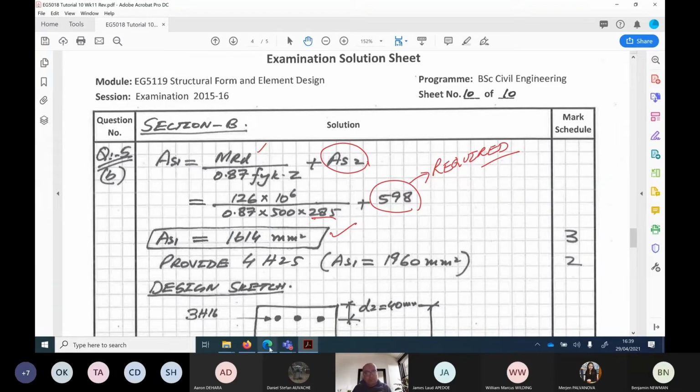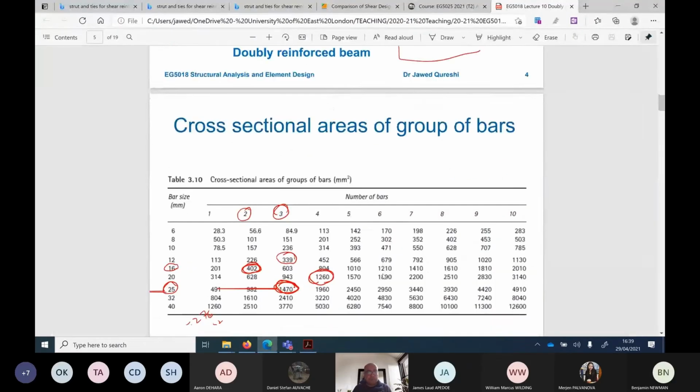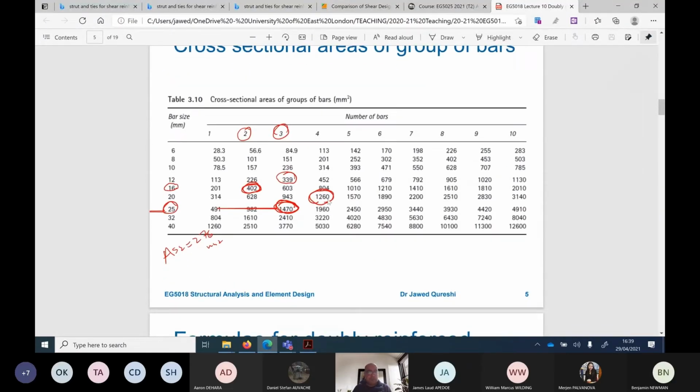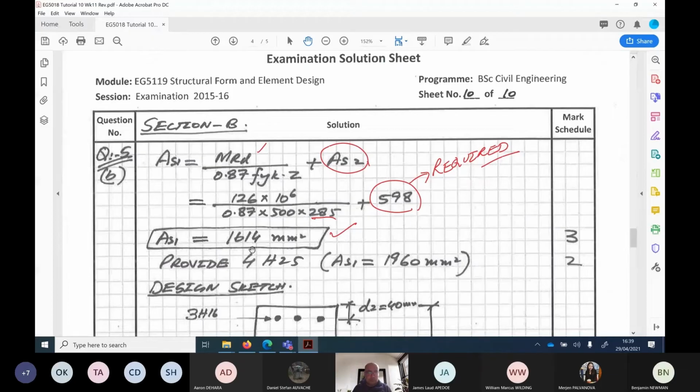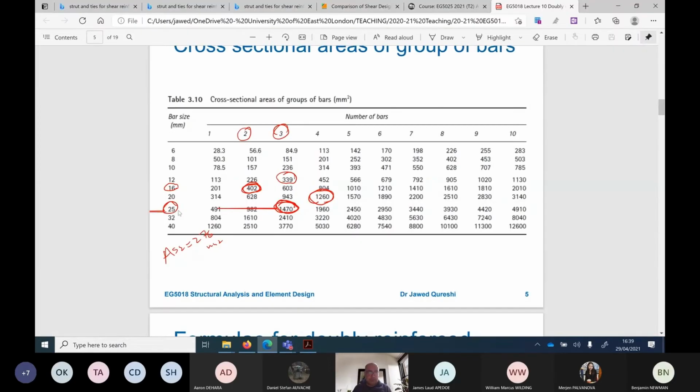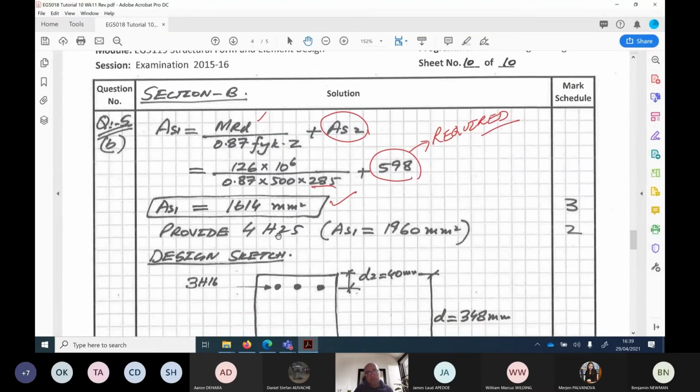Again, I would go back to this table and see what is closer to this 1614. Okay, so 25 bars. So 1614, probably 4 bars of 25 will give me 1960 millimeters square. That will do the job, I think. So 4H25 will do the job. It has to be more than what is required.